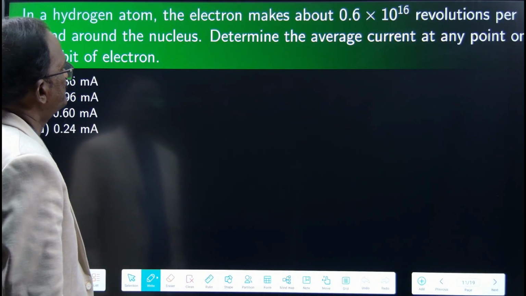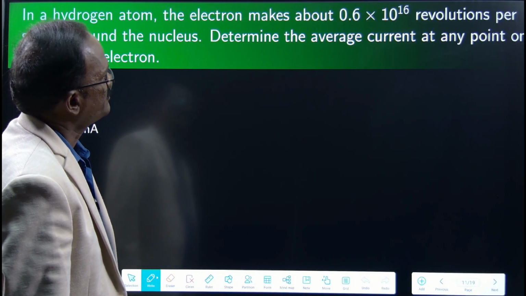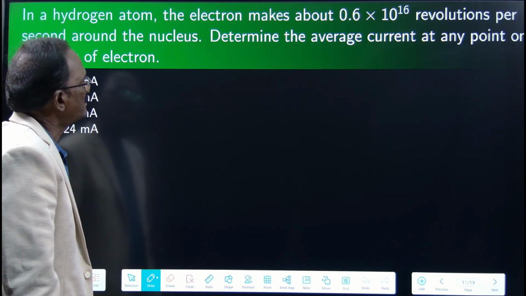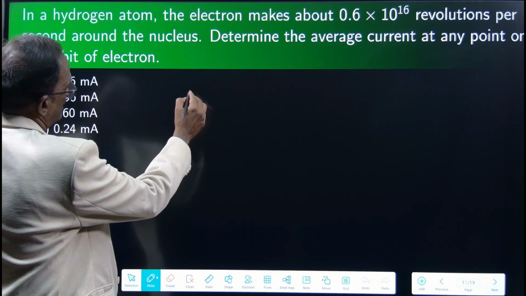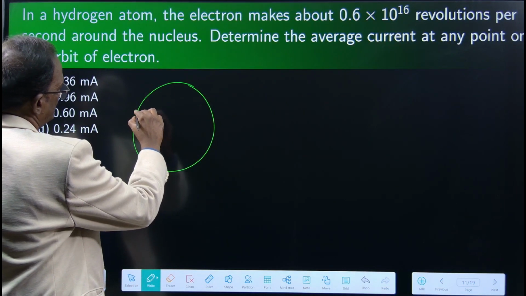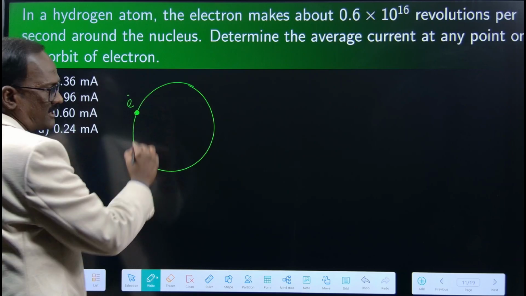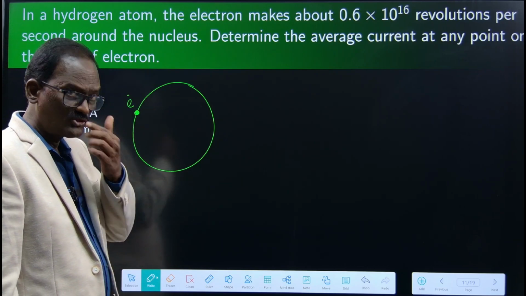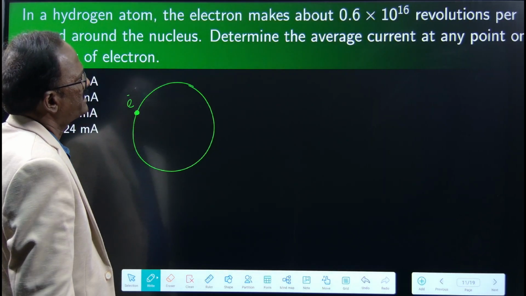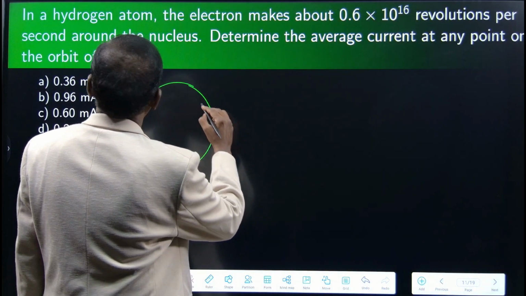In a hydrogen atom, the electron makes about 0.6 into 10 power 16 revolutions per second around the nucleus. We know in a hydrogen atom there is only one electron. The electron is making 0.6 into 10 to the power of 16 revolutions per second.